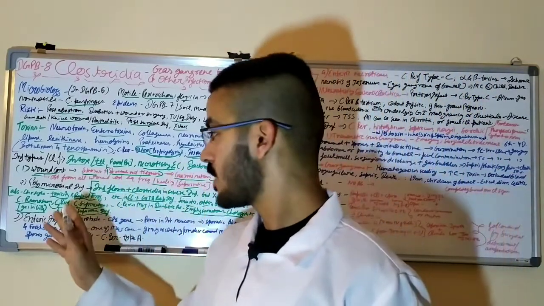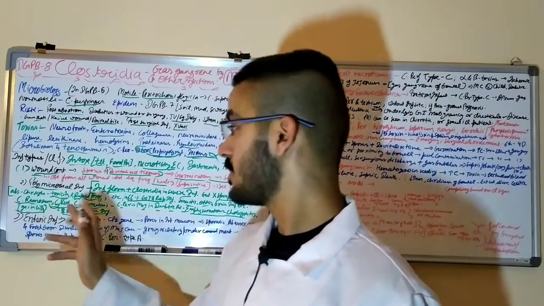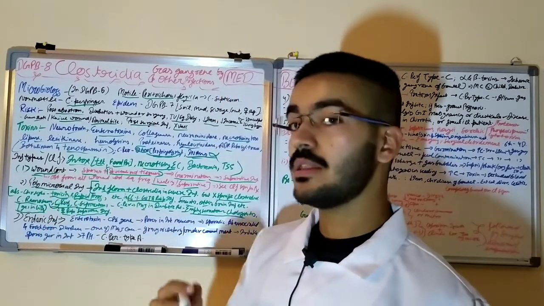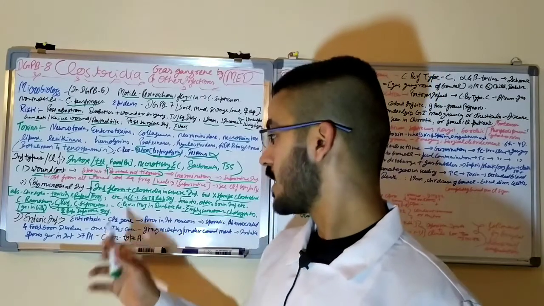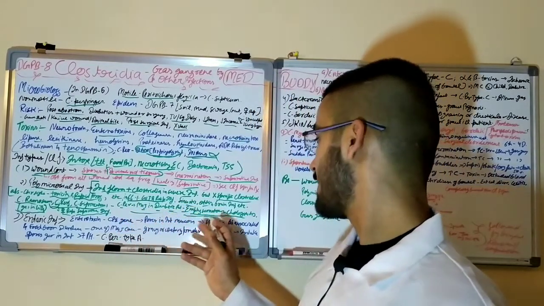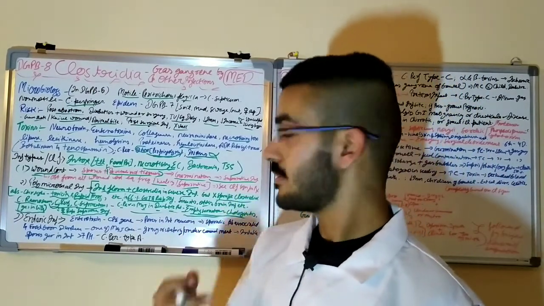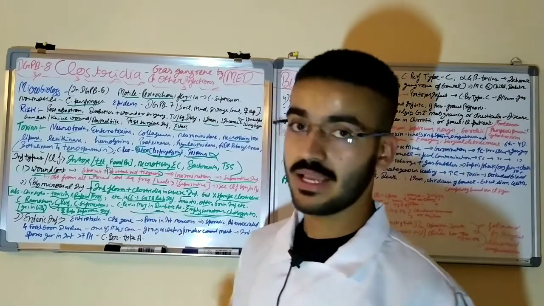The polymicrobial infections, when associated with Clostridium perfringens, are majorly seen in diabetics, and this emphysematous cholecystitis will be seen mainly in diabetics as a complication.